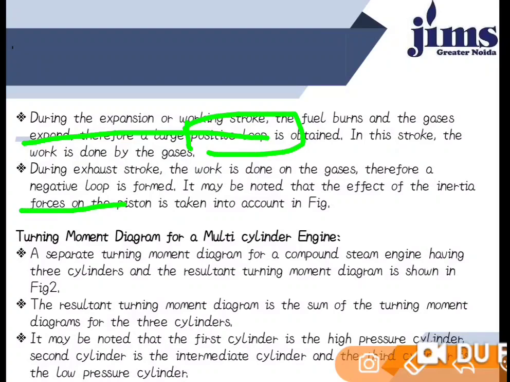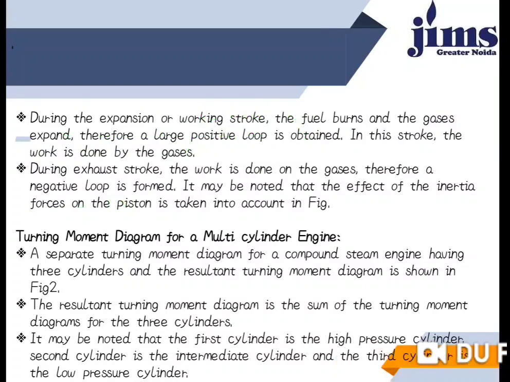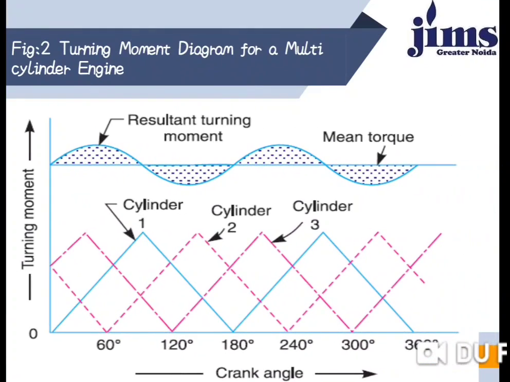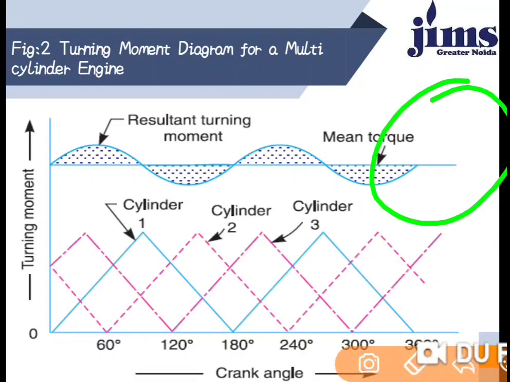Now I am going to discuss the turning moment diagram for a multi-cylinder engine. Firstly, we can see the TMD. We know that one revolution is equivalent to 360 degrees.